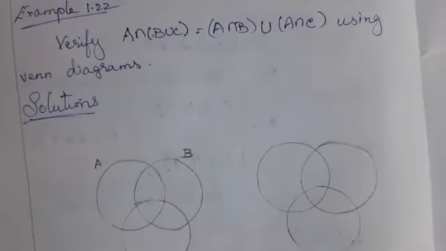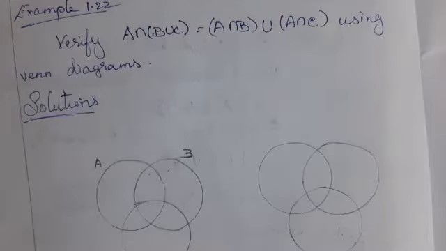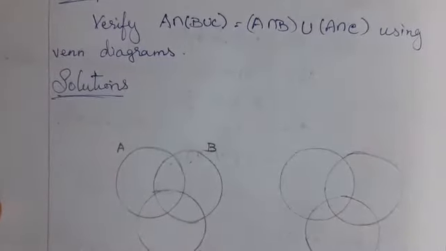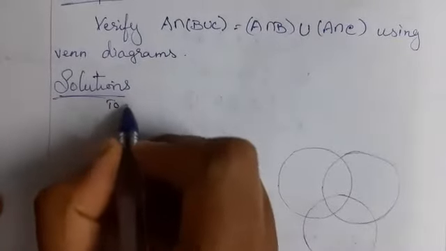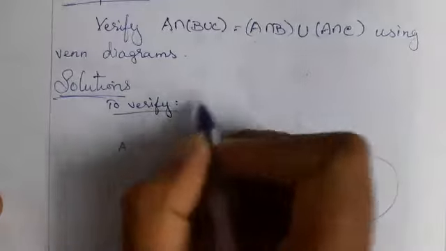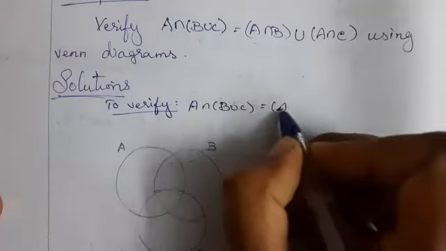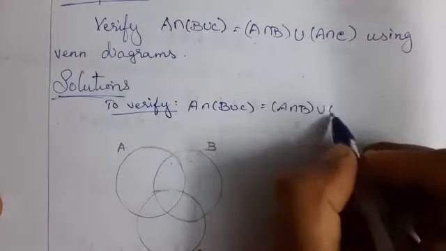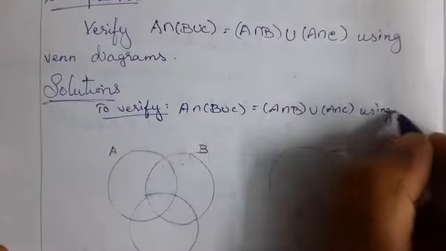Now see the question. Verify A intersection B union C is equal to A intersection B union A intersection C using Venn diagram.